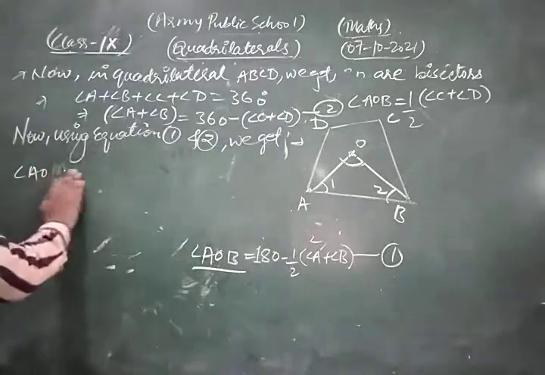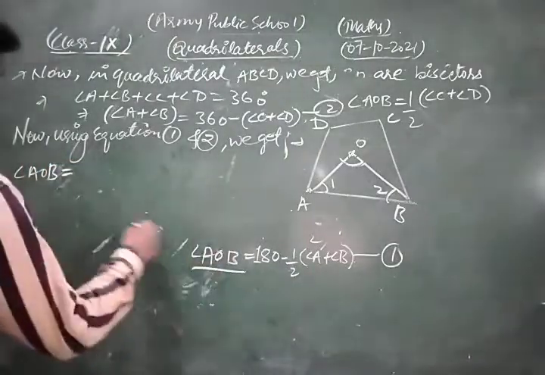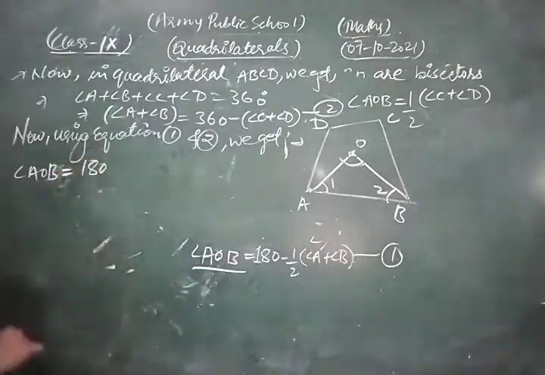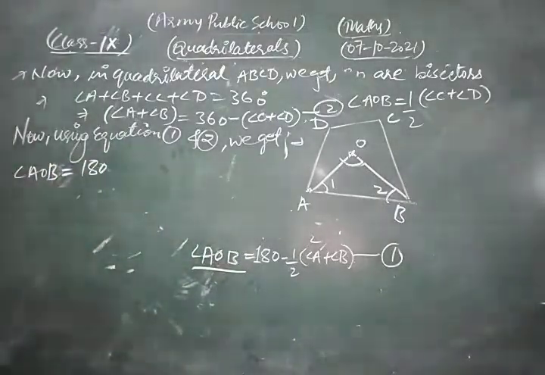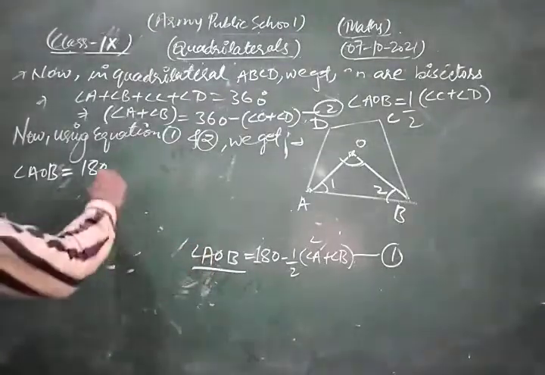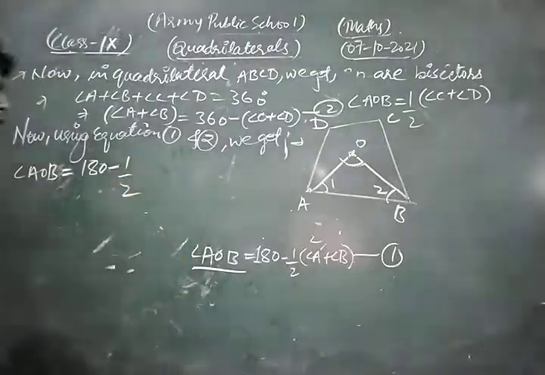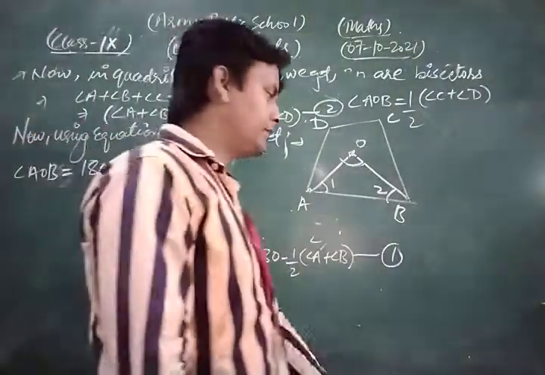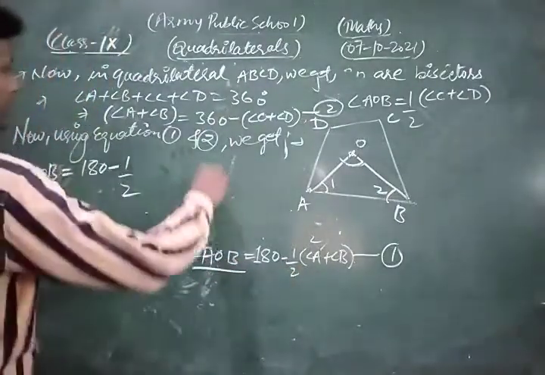look, angle AOB is equal to 180 minus half of, and the value of angle A plus angle B is what?